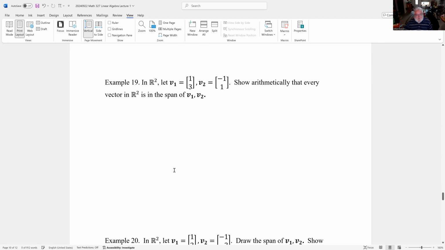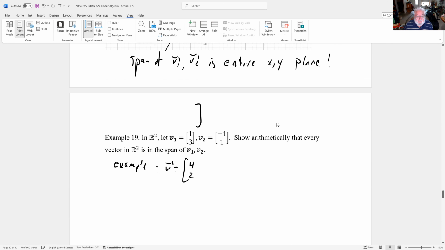Can you show that every vector in R2 is in the span of V1, V2? So let's take an example. I'm just going to pick some numbers. Suppose we take a vector W equals 4, 2.